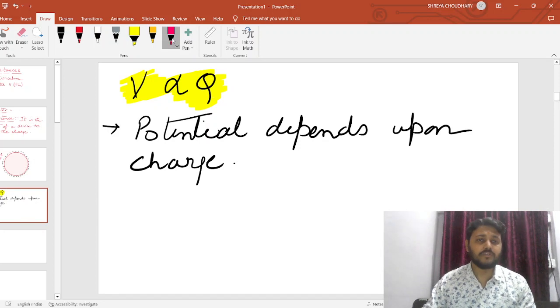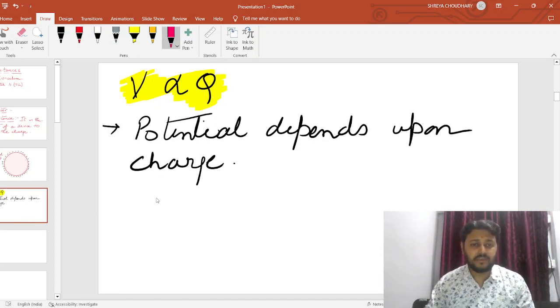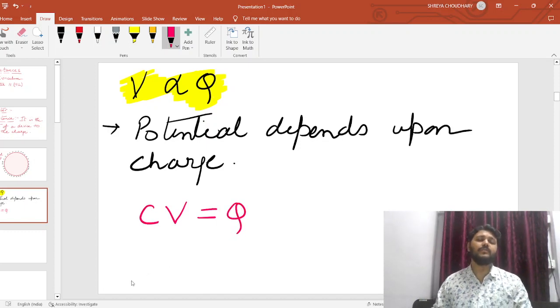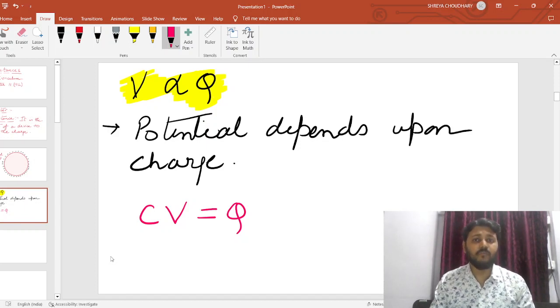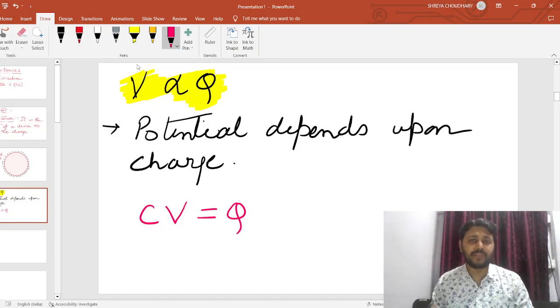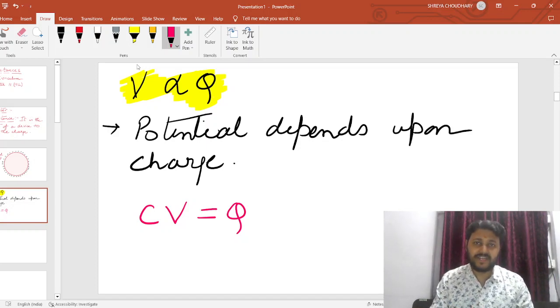So on solving, we will get CV equals Q. The constant will come on that side which is the dependent quantity. We keep the dependent quantity on the left side and the independent quantity on the right side.